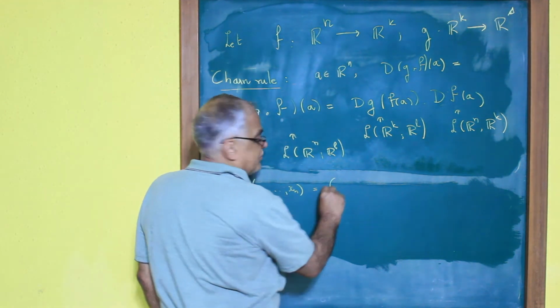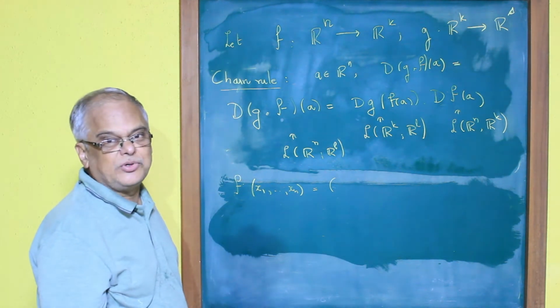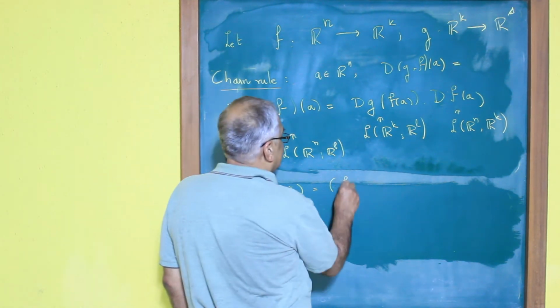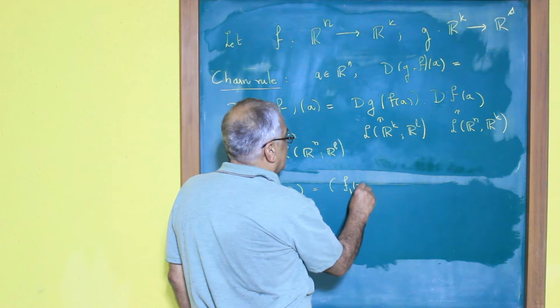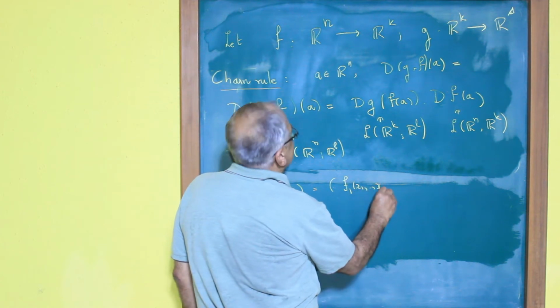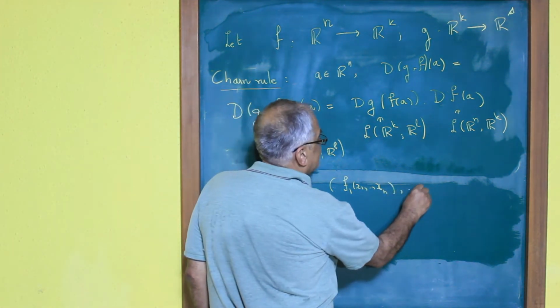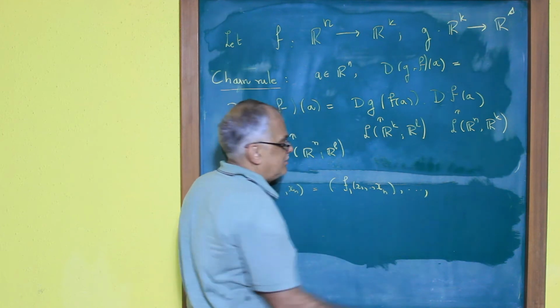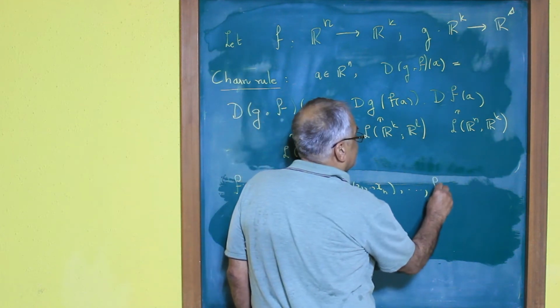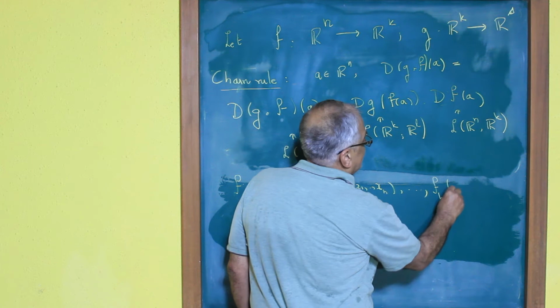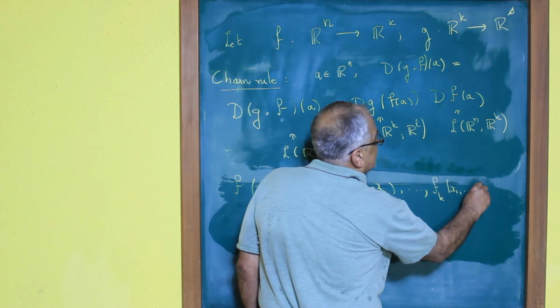So the components of f I'm going to call f1 up to fk. So this is f1 of x1 up to xn, f2 of x1 up to xn, and fk of x1 up to xn.